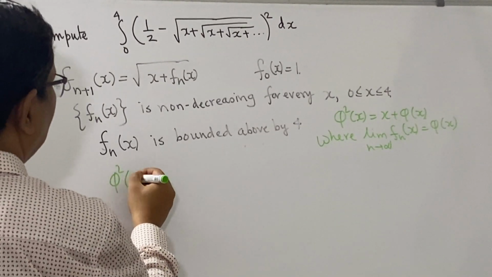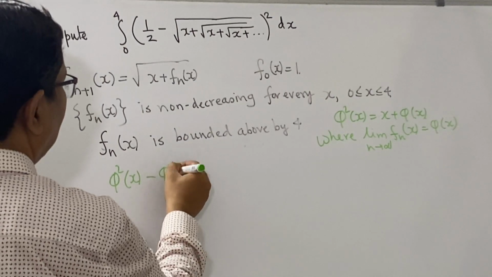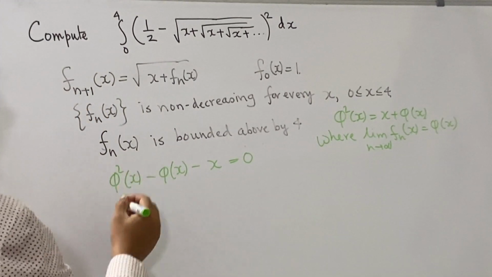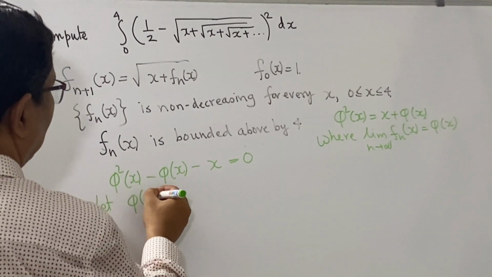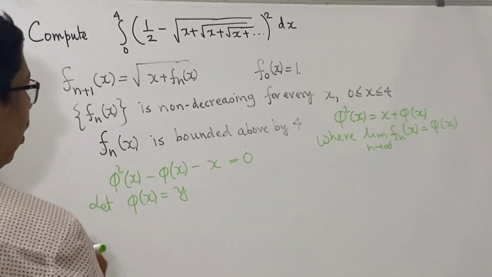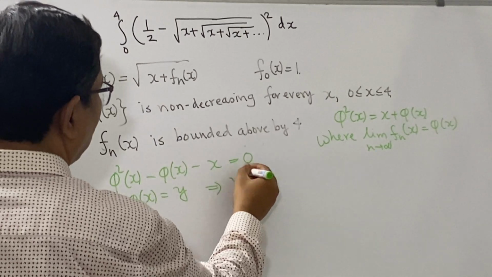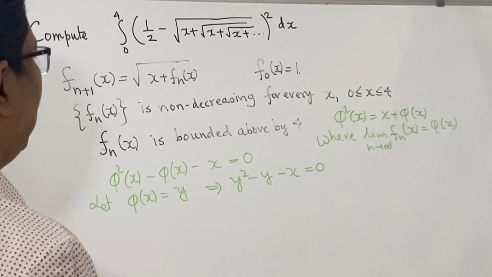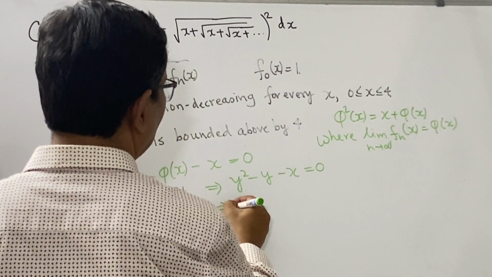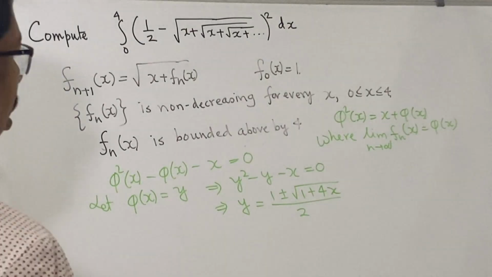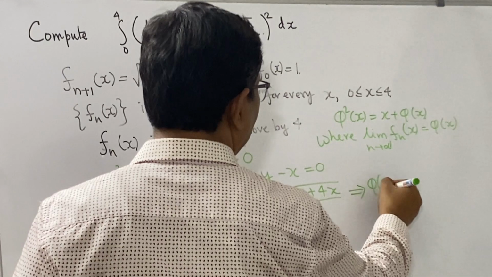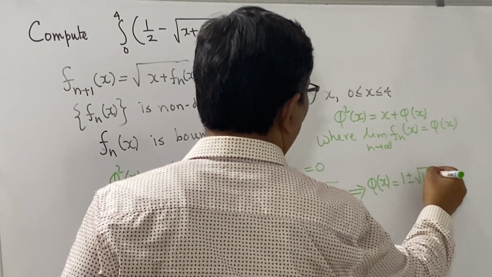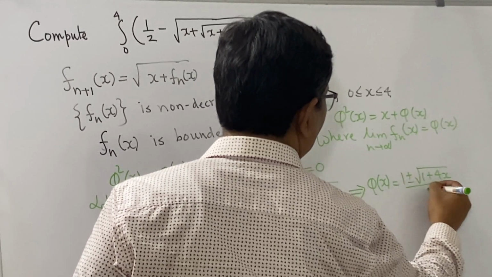Rewriting the equation, we have phi squared of x minus phi of x minus x is equal to 0, and let phi of x be called y. Then we have y squared minus y minus x is equal to 0, and we know that the solution of this equation is phi of x equals 1 plus or minus root of 1 plus 4x, divided by 2.